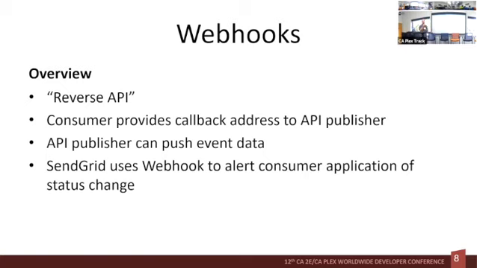So with a webhook, SendGrid will just send you a message or a JSON object any time something actually changes. All you need to do is provide an address for them, and they will send you that data back. You just have to monitor that data coming in and update it.